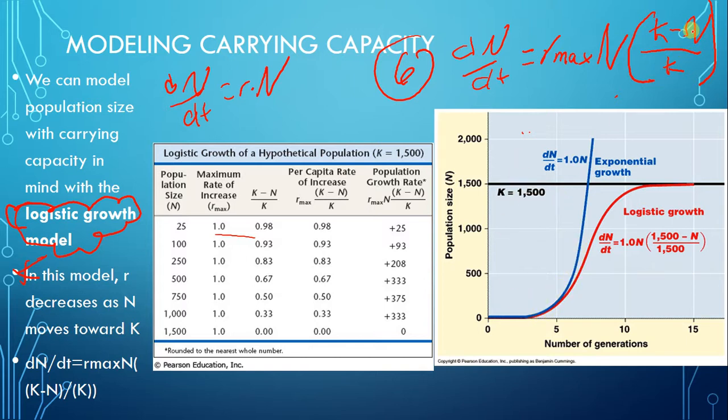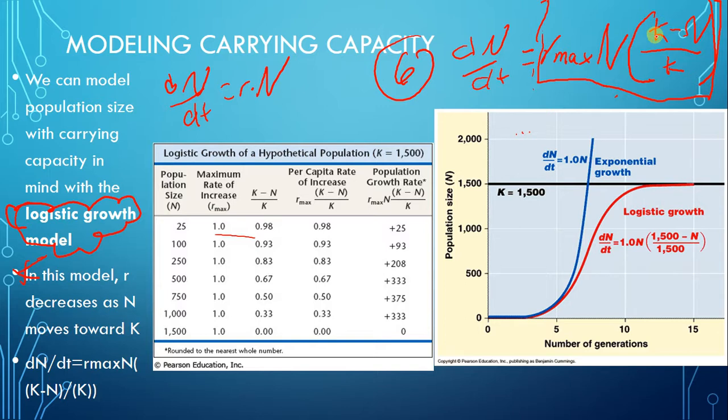However, as N gets proportionally closer to K, this numerator gets closer and closer to K minus K, which would be 0. It is going to get smaller and smaller on the top. So when we divide it, this will get smaller and smaller, and so our whole product will get smaller as N approaches K. So the growth will decrease just like we wanted it to do.